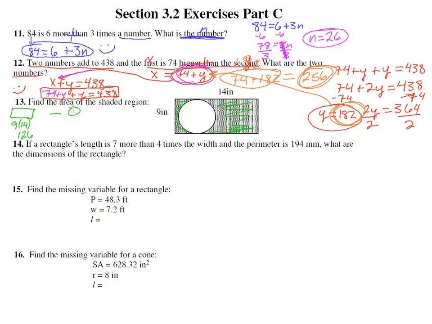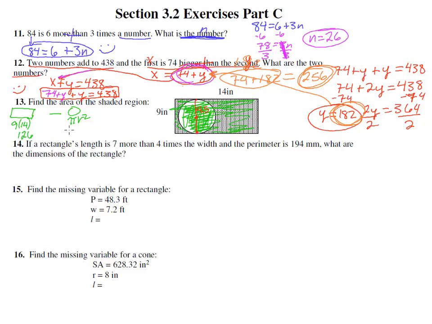Okay, so now how do we get the area of a circle? How do we find out how much is here? Because we've counted the whole thing, so we need to now find out what's in the circle and subtract it out. Well, that was pi r squared. I don't see a radius anywhere in the circle, but we do know that from top all the way down to the bottom was 9 inches, so halfway must be 4.5 inches.